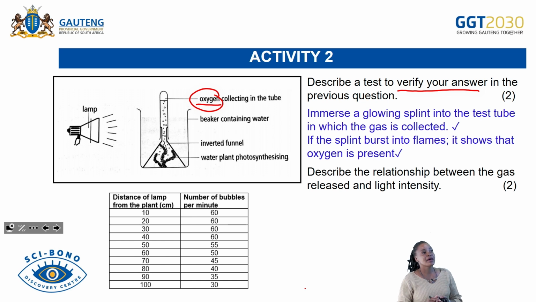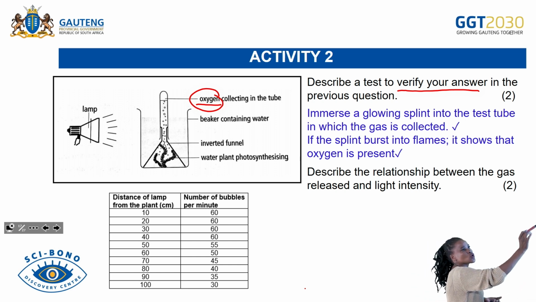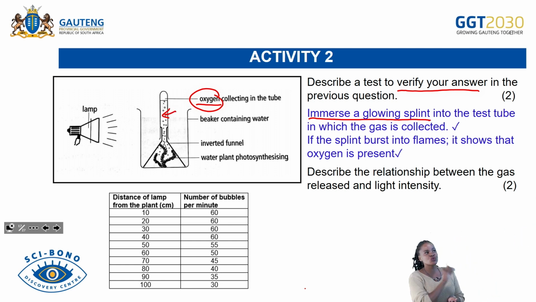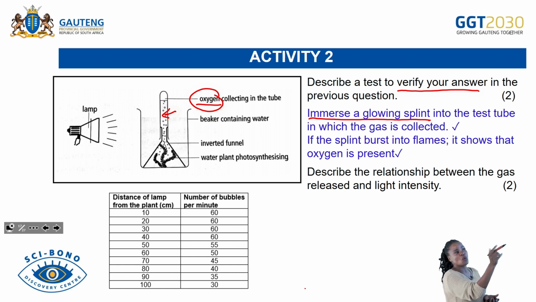give you the answer. Now, to verify that oxygen was released, how am I describing the test? I will immerse a glowing splint into the test tube where gas is collected. After I immerse that splint, what is going to happen?